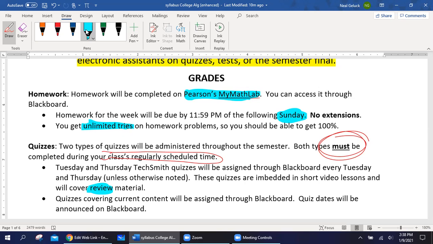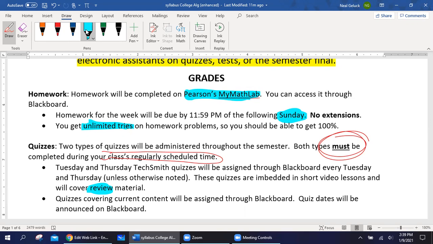It could be stuff from all the way back to middle school, high school math, but just review material that I think is important for us to know. So there's no studying for those. If you watch the videos, you should be able to do the problems fairly easily. They'll usually be around 5 questions. Again, that's every Tuesday and Thursday, and there'll be a link on Blackboard to click on to go to the quiz.